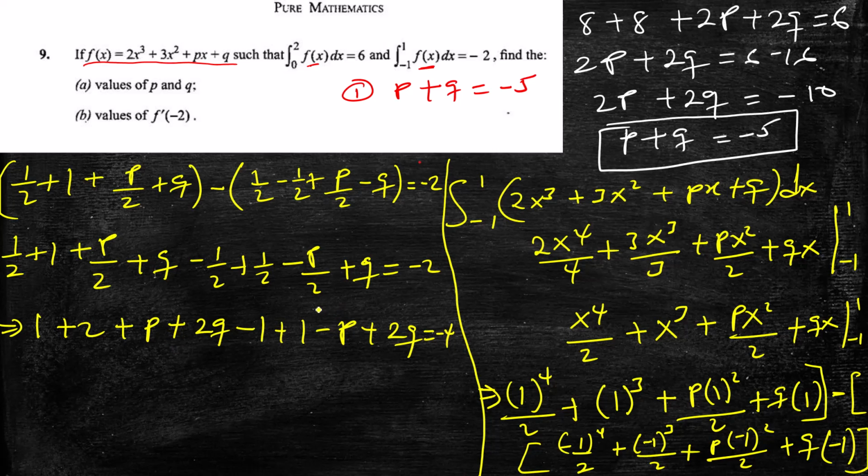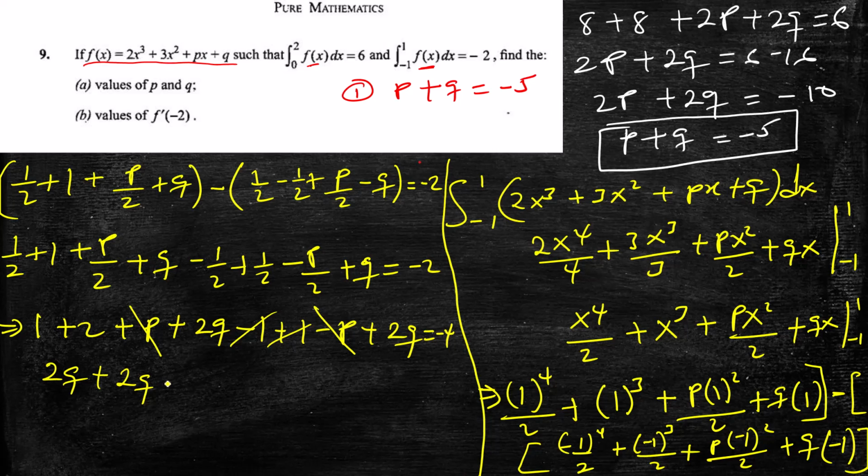Okay, so the p will cancel. We have -1 plus 1, so 1 plus 2 is 3, plus 2q, plus 2q.